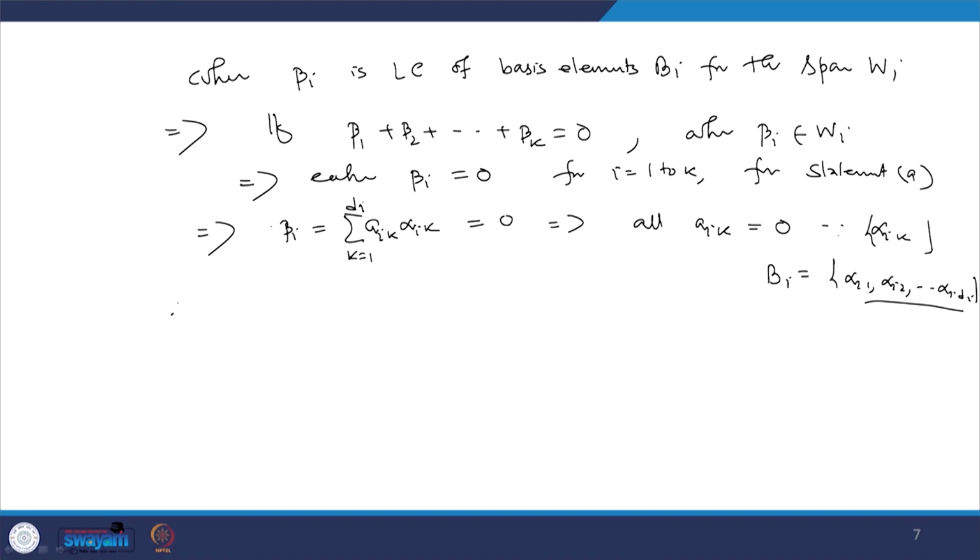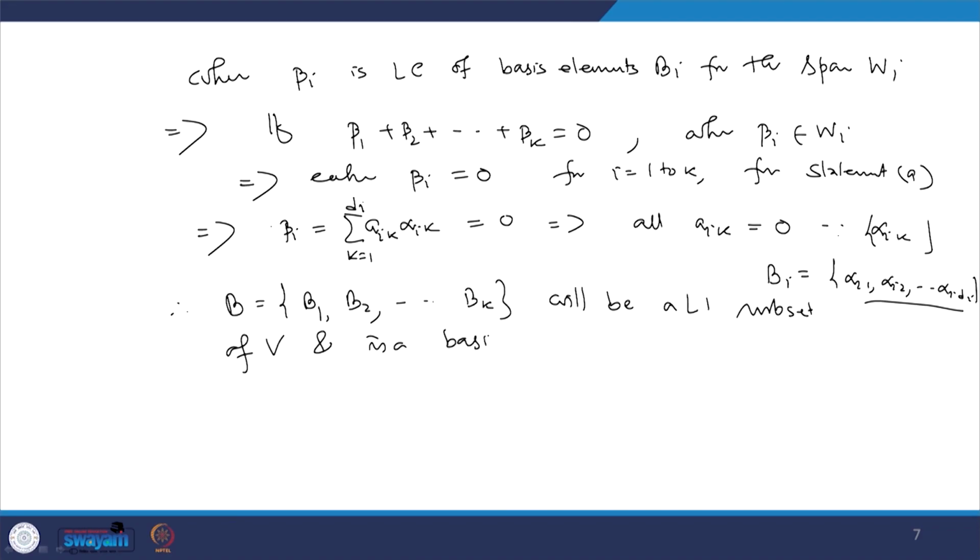So, this implies B equal to B1, B2, ... Bk is a linearly independent subset of V and is a basis of W. Of course, it is a linearly independent subset of W also.